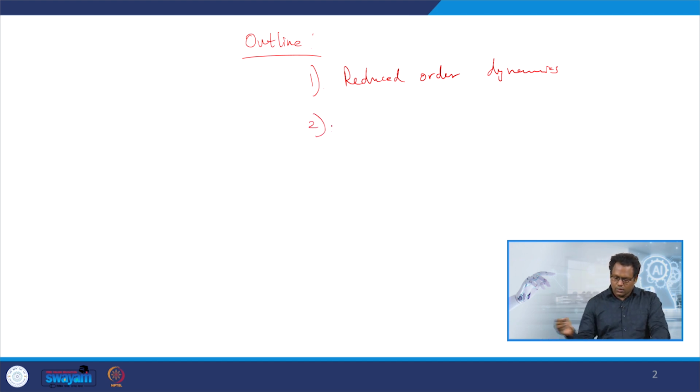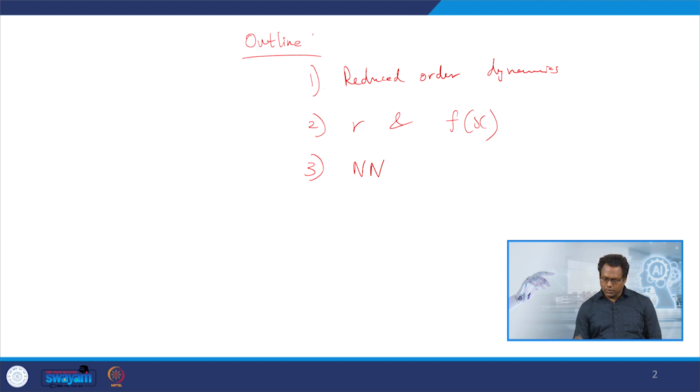Then we take this reduced order model represented in terms of filtered error and the nonlinear function f of x. And this nonlinear function has to be estimated by a neural network, and hence this is called neural network based force position controller.